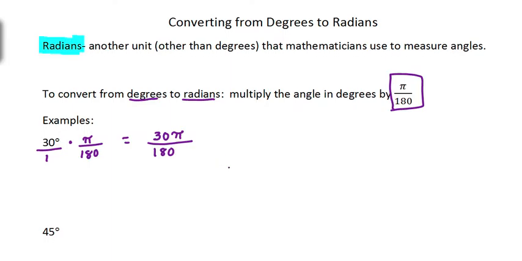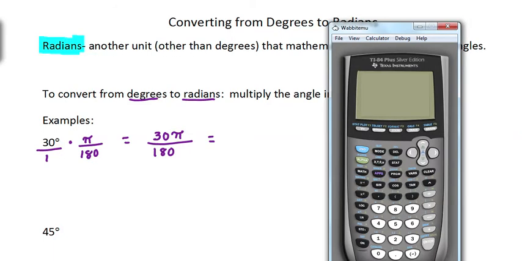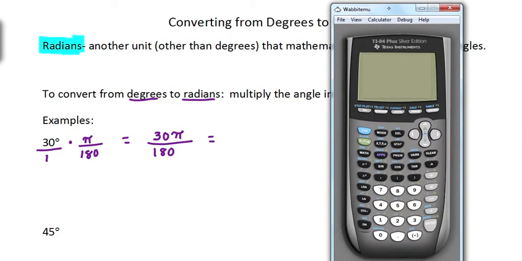Now, first I want to do this as a simplified fraction, and then I'm going to do it as a decimal. So let me pull up my calculator here and turn it on. If I have the fraction 30 divided by 180, and I do math enter to make it a fraction, that gives me the fraction of 1/6.